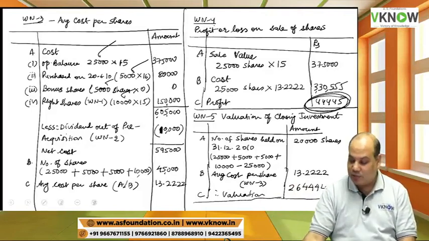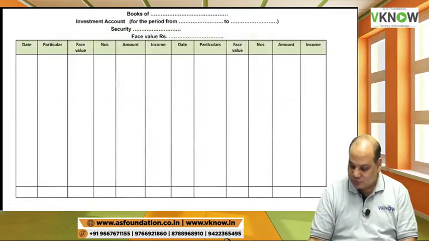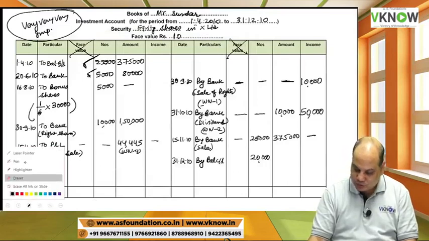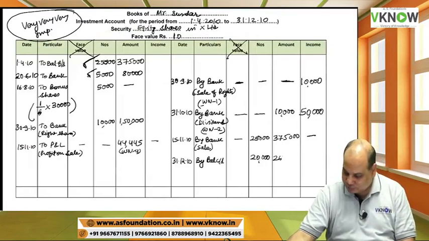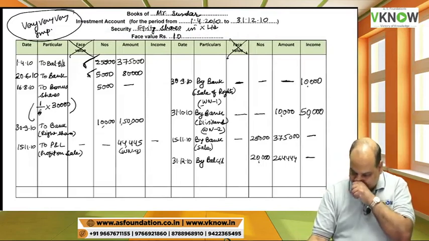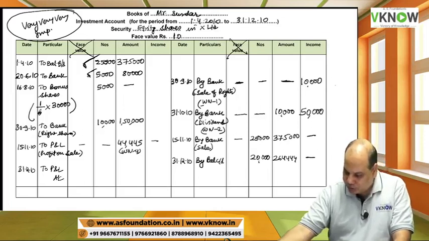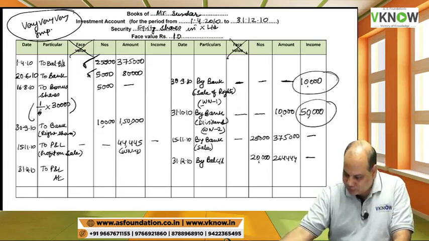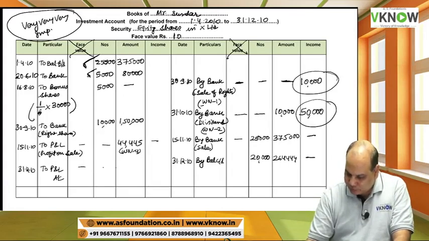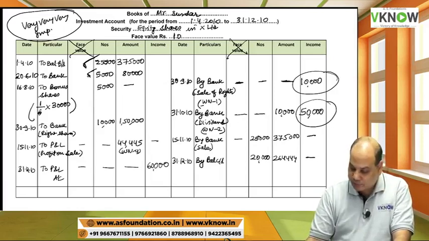So write down by balance carried down 2,64,444. Okay. And then you write here 31st December 10, to P&L account. This is an income item, 10,000 and 50,000, 60,000 you transfer to P&L account.